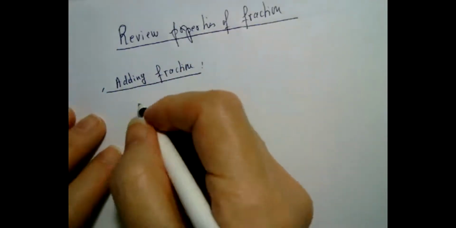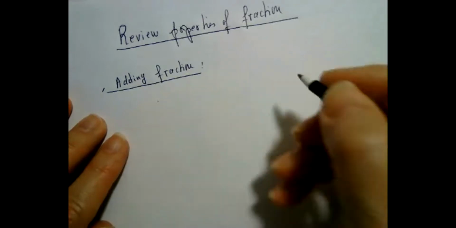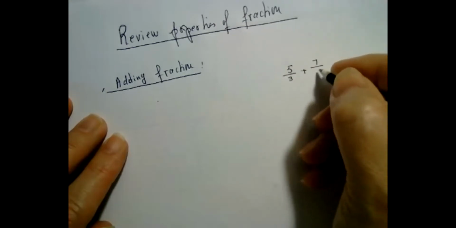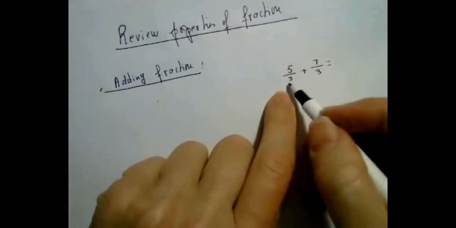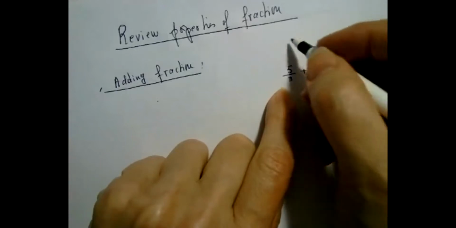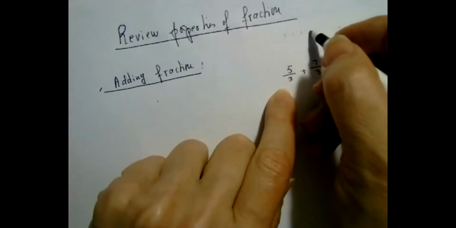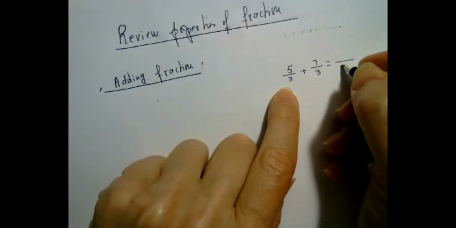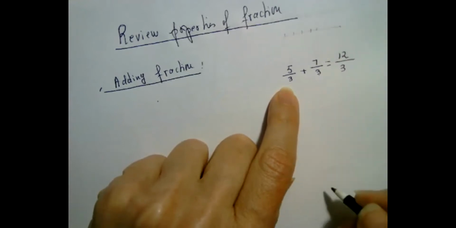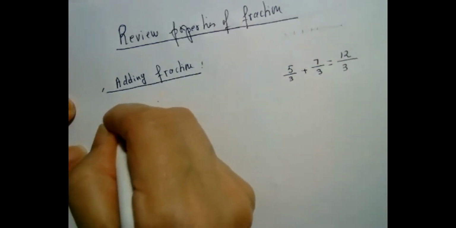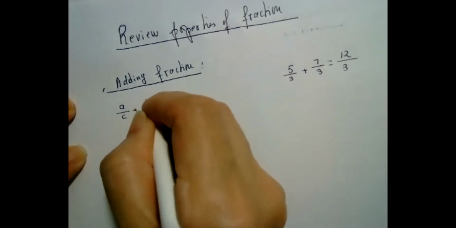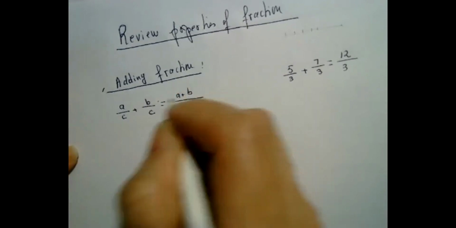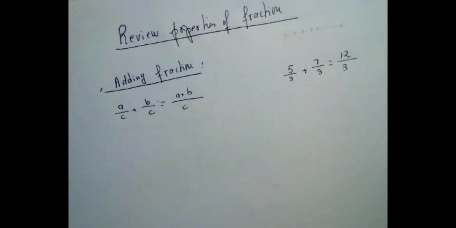If we have two fractions, for example 5/3 plus 7/3, the denominator is the same. So you have 5 pieces, each one a third, and you add 7 pieces, each one a third. If the denominator is the same, you basically add the numerators. That's crucial: we have the same denominator.